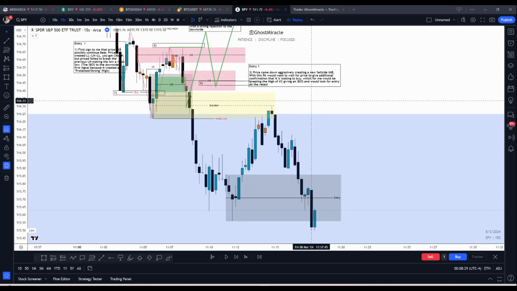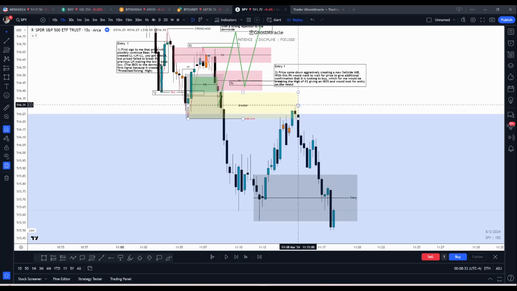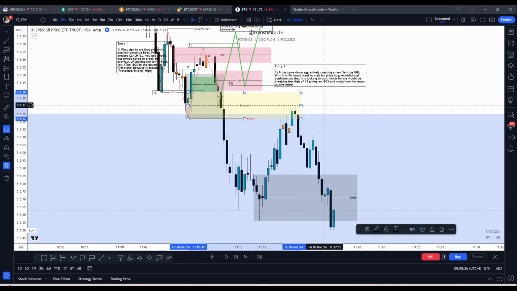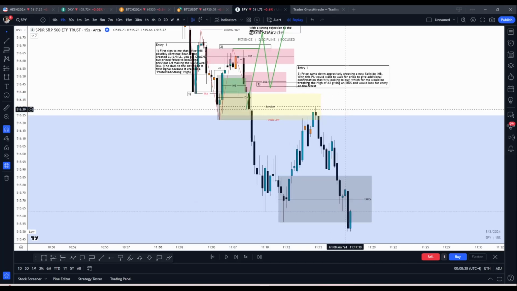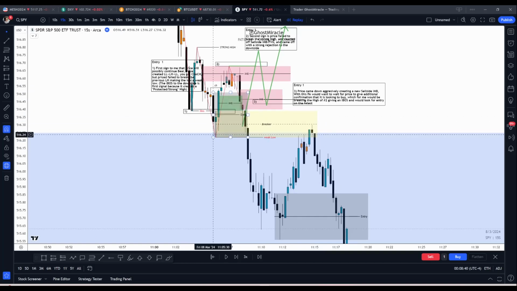So when price comes back into this area, if buys failed, I might test the sells right here, just for the fact that it follows structure.